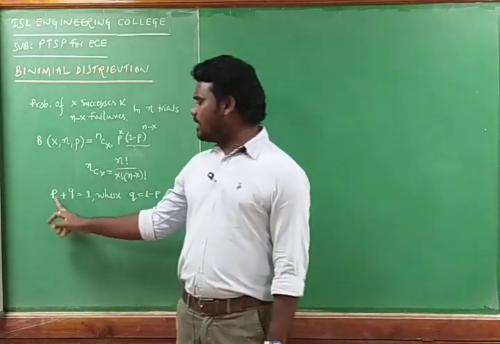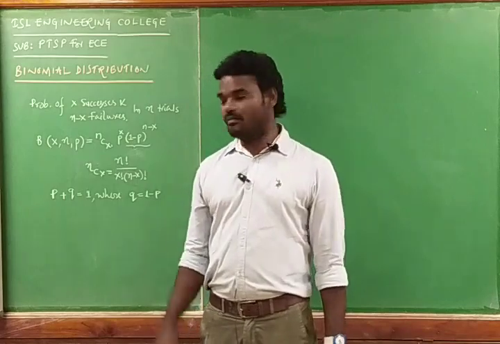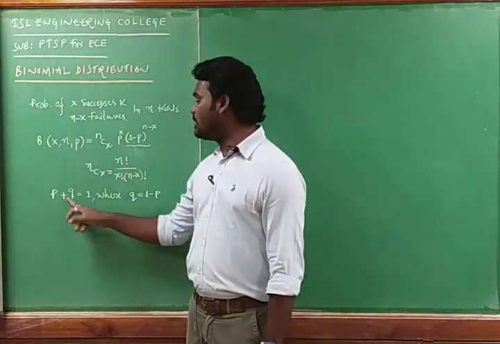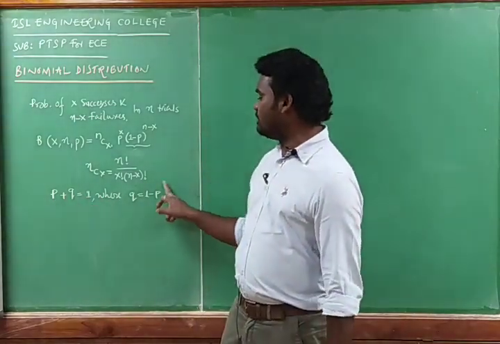We know that p is the probability of getting the success and q is the probability of getting the failure, so p plus q is equal to 1, where q is equal to 1 minus p.